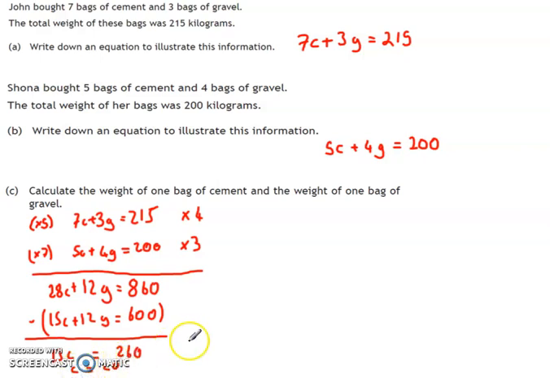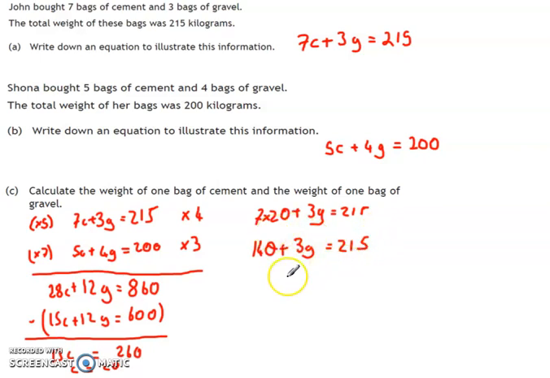Now that I've got that C is equal to 20, I can go back, substitute it into any of these 4 equations, and solve for the G. I'm going to take this top equation here, so 7C, so 7 times 20, plus 3G, equals 215. So 7 times 20 is 140, so 140 plus 3G equals 215.